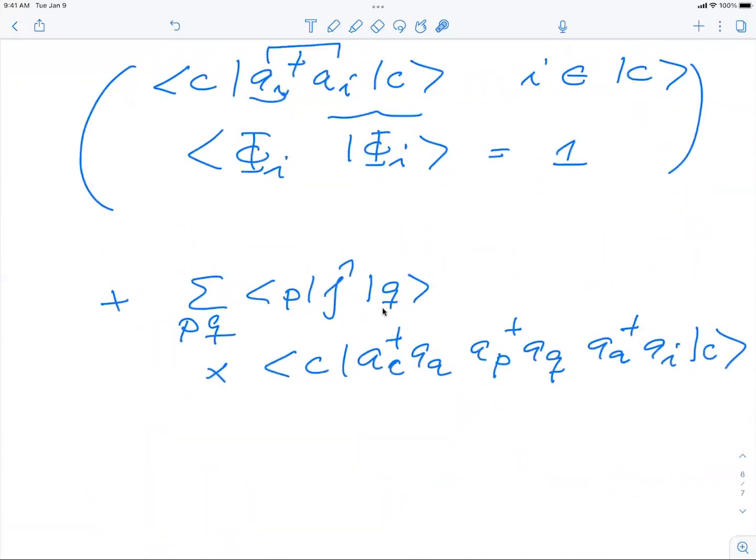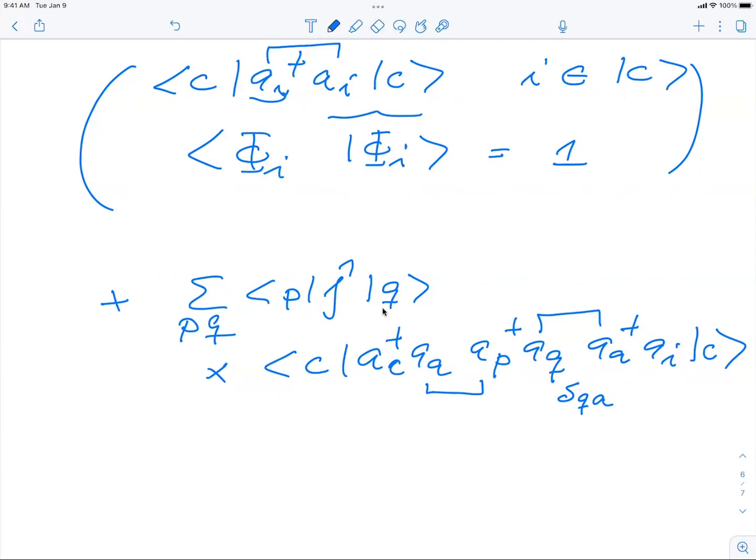So when we now start looking at the type of contractions we can make, we can obviously make this contraction. That gives us a delta Q of A. And then I can make this contraction here. This is also non-zero. And remember that what we have in principle are chains of normal ordered operators, and they can only connect to other chains of normal ordered operators.